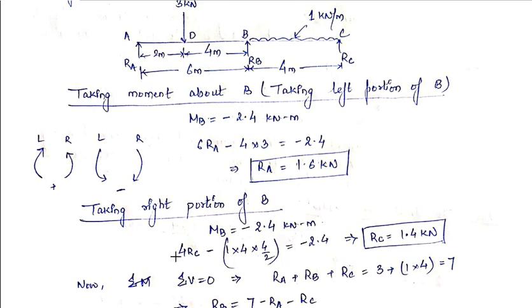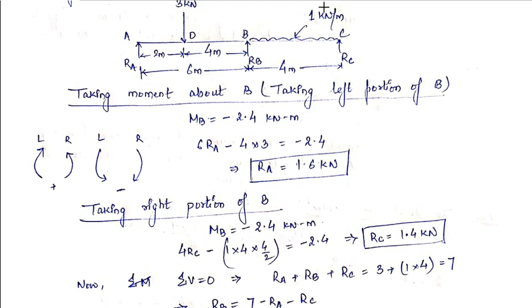So this will be plus, and the perpendicular distance of RC from point B is 4. So 4 into RC. Now this UDL is acting in the downward direction, so this UDL will produce a clockwise bending moment about point B. If the right moment is clockwise, the bending moment is negative. So this moment will be negative, so minus.